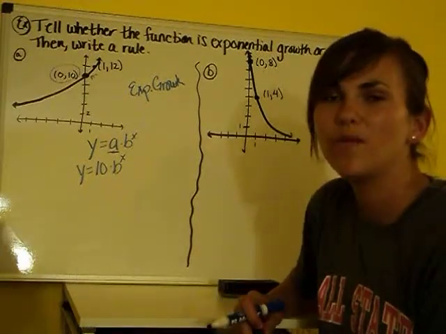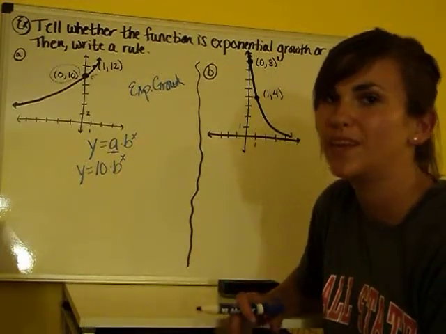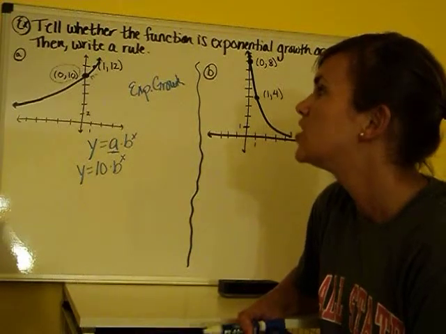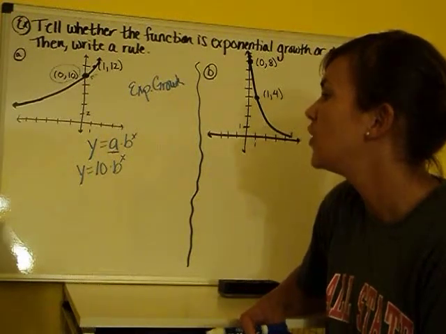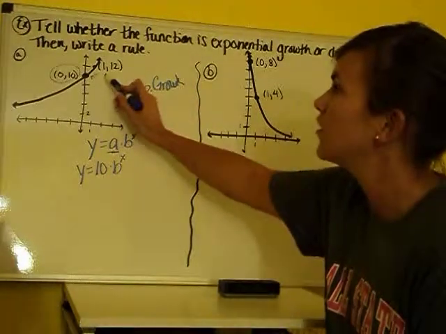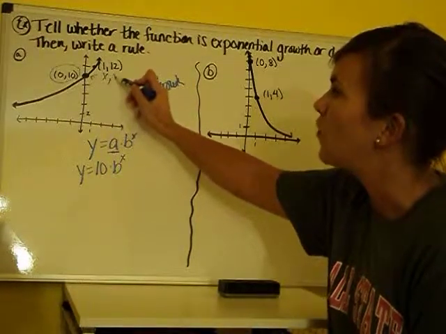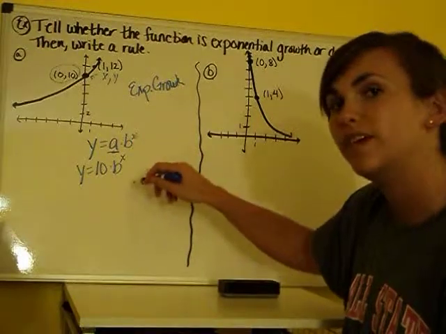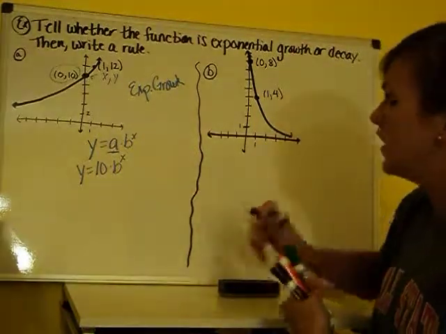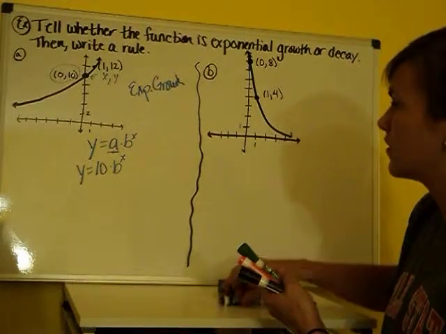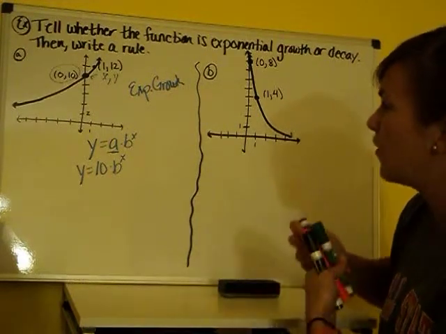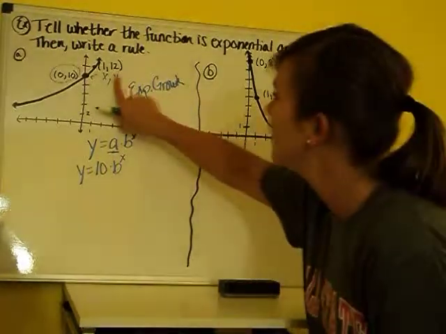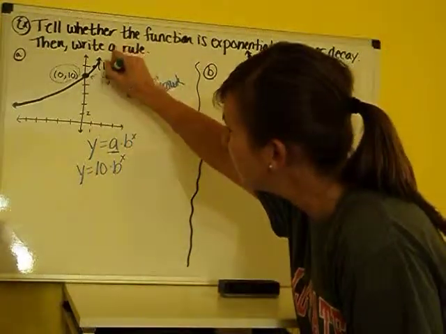Now we only have one other point, so we can't really see what we are growing by. So we are going to use this other point as an x and a y, and then solve for b.